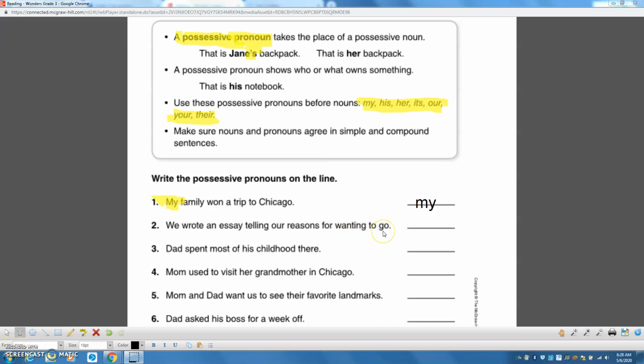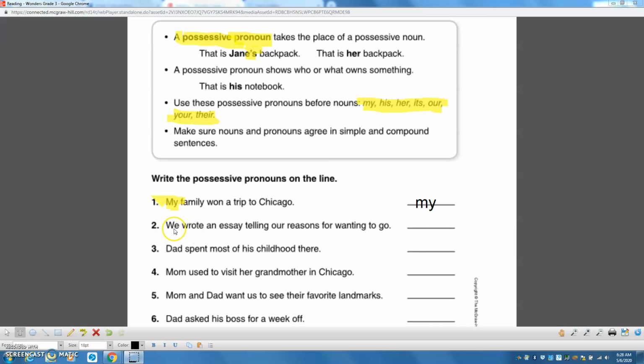Okay, so now let's take a look at our sentences and see if you got the correct answers. So for number 2, we wrote an essay telling our reasons for wanting to go. Okay, so we need to figure out what is our possessive pronoun in this sentence. So we see we right here.